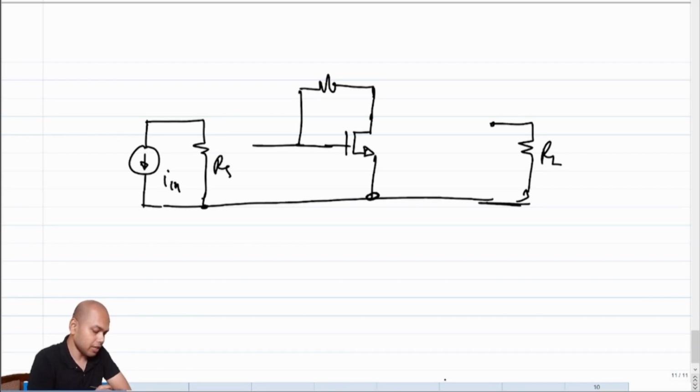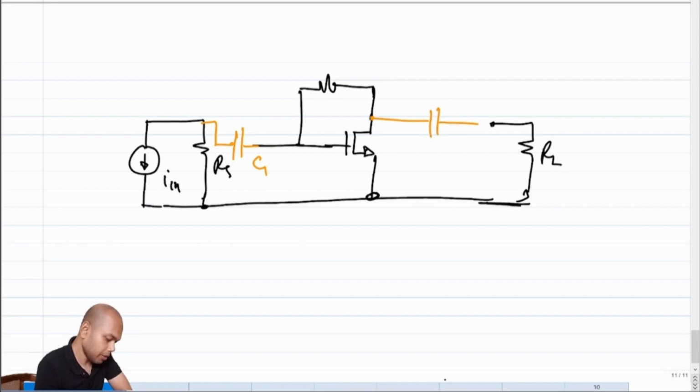So how do you want to connect the input? We would like to connect the input the same way as we have been doing, through an AC coupling capacitor. So let's say we put a coupling capacitor here, C1, and a coupling capacitor here, C2, right?